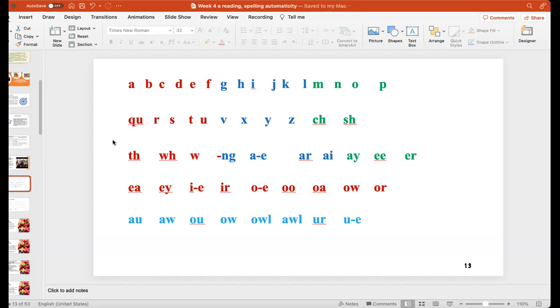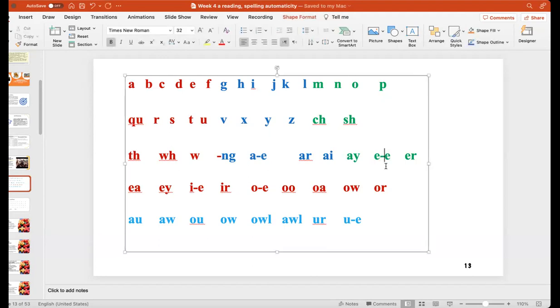Okay. So on the third row, you see A-E. So with vowel plus E, usually there is a consonant between the single vowel and that E, and that's why there's a hyphen there. So A-E says A. And EE sometimes can have a hyphen, and sometimes it can sit together, like in the word feet or beef.